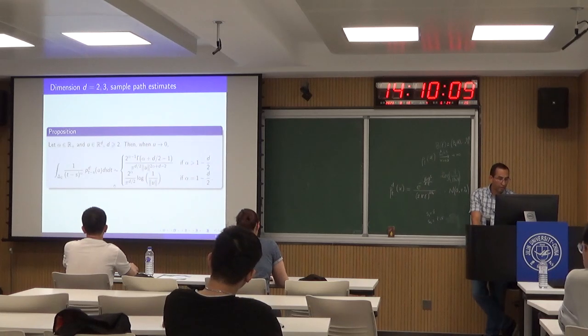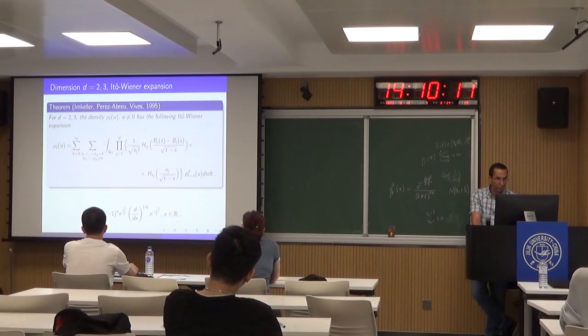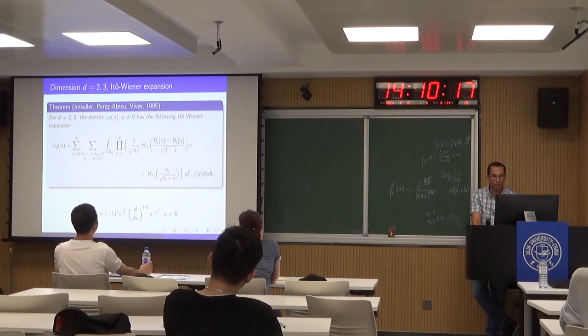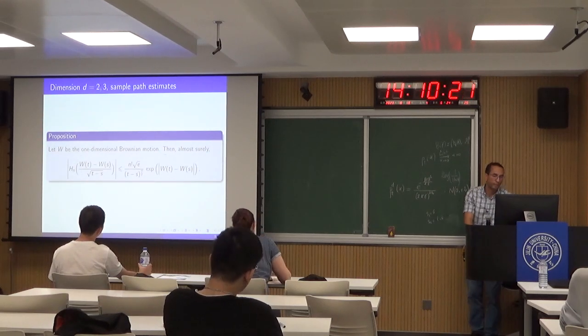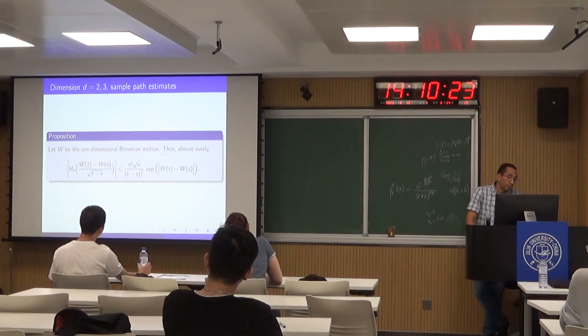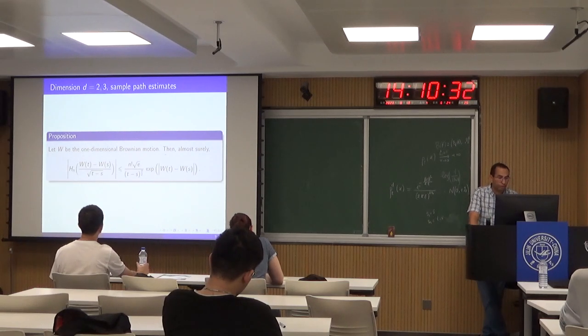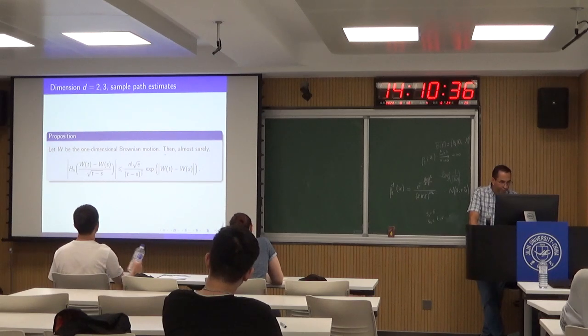Because they clearly appear here: we have Hermite polynomials of increments of one-dimensional Brownian motion divided by the square root of the distance, and we want to get some estimate for this. Be careful, it is almost sure. It is not in L2 or in any other sense, it is an almost sure estimate.